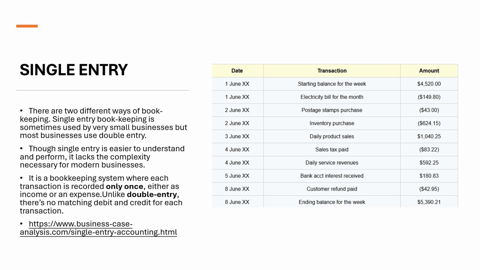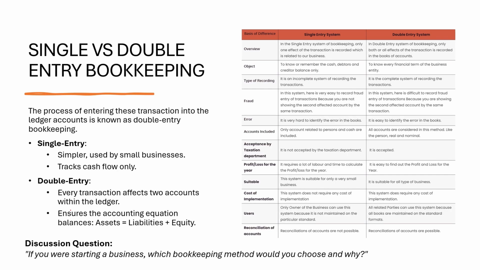It's relatively speaking quite easy to do and quite easy to understand as well, but clearly it lacks the complexity, the rigor, and a lot of the benefits compared to double entry for many bigger businesses, particularly modern, very complex businesses. This slide summarizes the comparison between single entry and double entry bookkeeping. In summary, single entry is simpler to use, and most small businesses with a very low volume of transactions could use it.